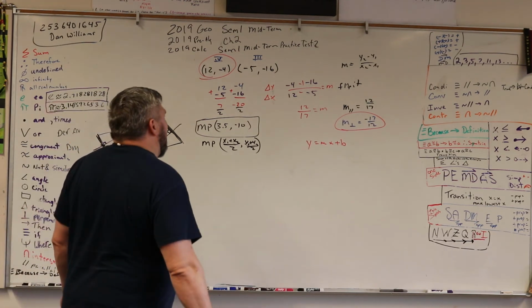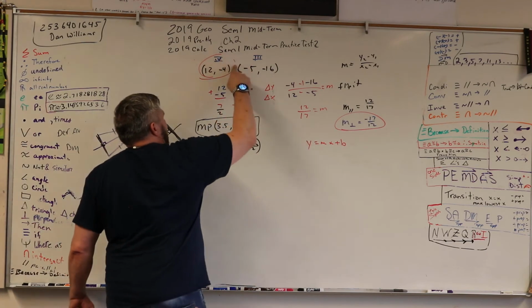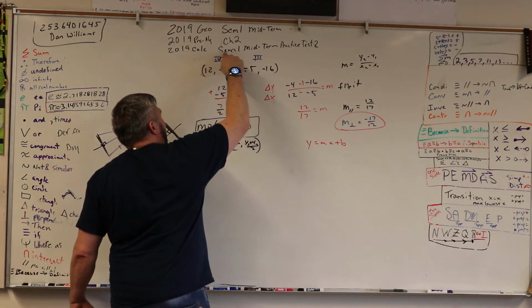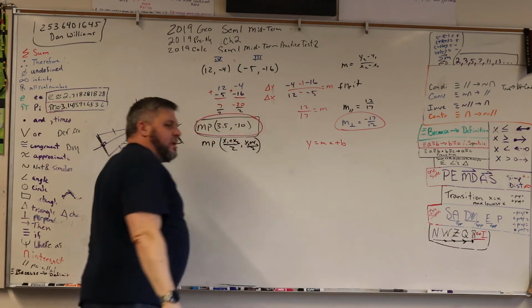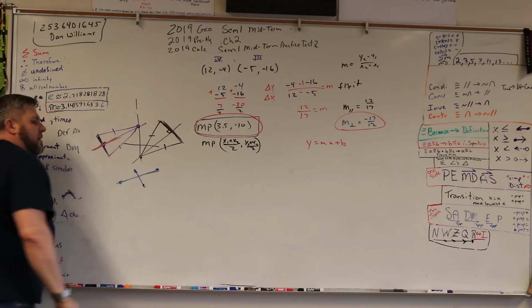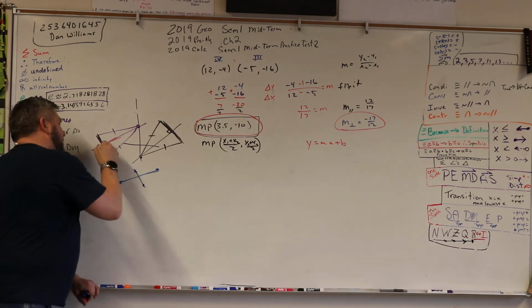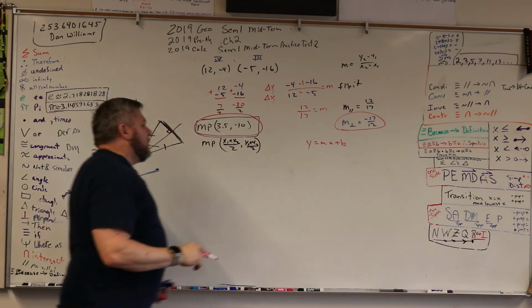Okay? Oh, whoa, I can't use this point. I have to use what's called the midpoint, duh. So I have to use this point. Because I want it to be a perpendicular bisector, right? So I'm bisecting that at the midpoint, wherever that midpoint might be.